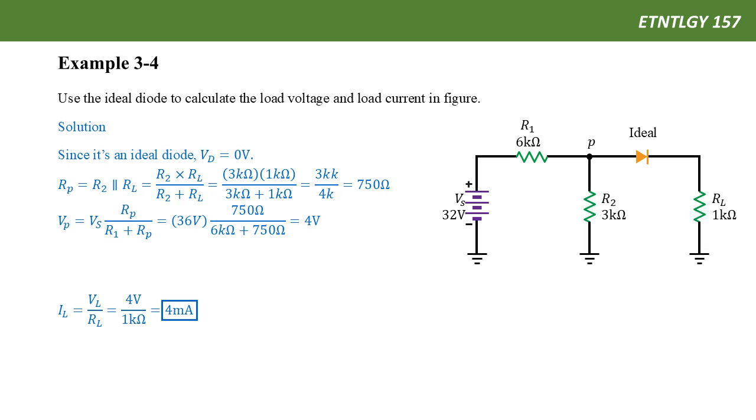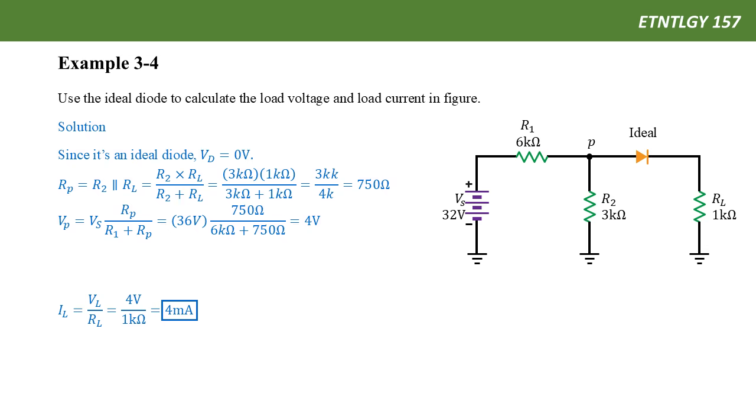Example 3-4. We need to calculate the load voltage and the load current in figure 3-6b using an ideal diode. Since this is an ideal diode, we replace the diode by a wire. There is no knee voltage, no 0.7 volts we need to consider.